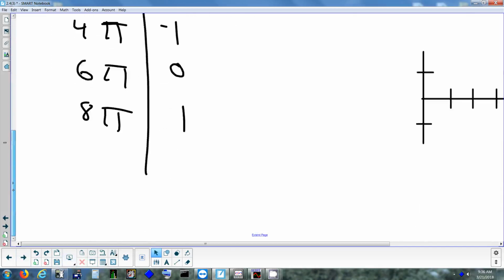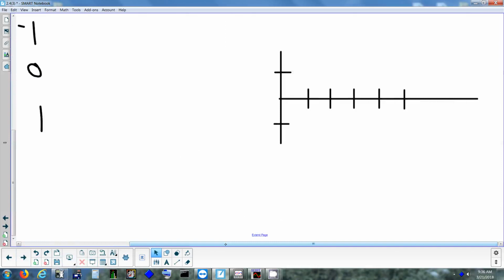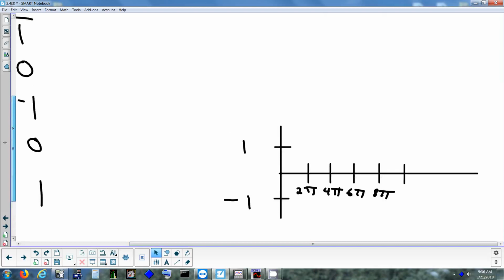And we're good. So we've got 2 pi, 4 pi, 6 pi, 8 pi. So we're drawing it out much farther than we normally have to. Normally we get to stop at 2 pi. We've stretched this graph way out. 1, negative 1. I should have made my labels a little lower.